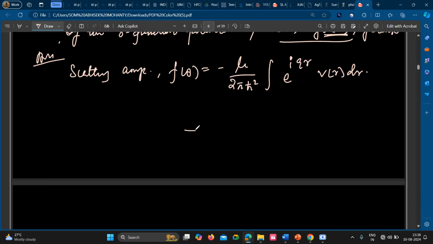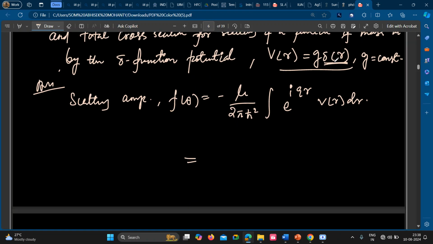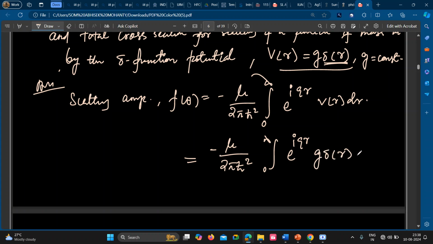Let's put the value of V(r). So, from 0 to infinity, −μ/(2πħ²) ∫ e^{iqr} V(r) dr, where V(r) is g δ(r). See how to solve delta function integrations.